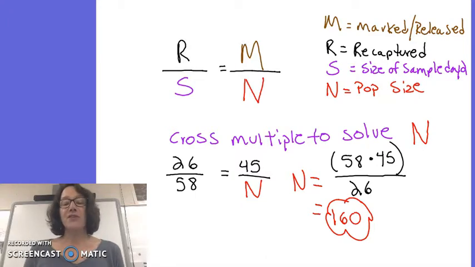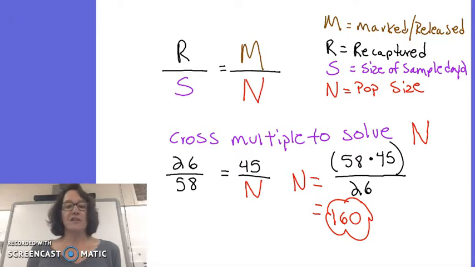For the Lincoln-Peterson index, which is what your pre-lab question calculation is about, you can see that to determine N, we are setting up a proportion where R, or the number of individuals that are recaptured the second time that have already been marked, proportional to the size of that sample population on the second day, will be equal to the number that I marked and released, proportional to the size of the original population, or N, that we're trying to determine.